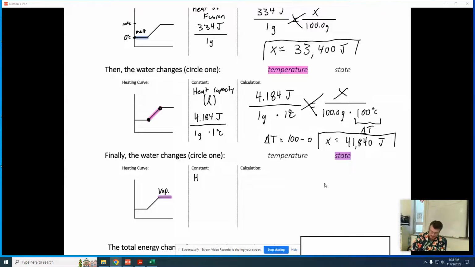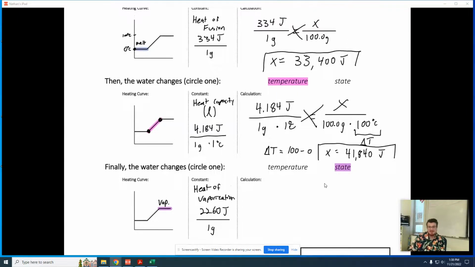So we are going to use the heat of vaporization for this last step, which is 2,260 joules to vaporize exactly 1 gram. If we look at that number and compare it to the others, hopefully that sticks out to you as significantly higher.